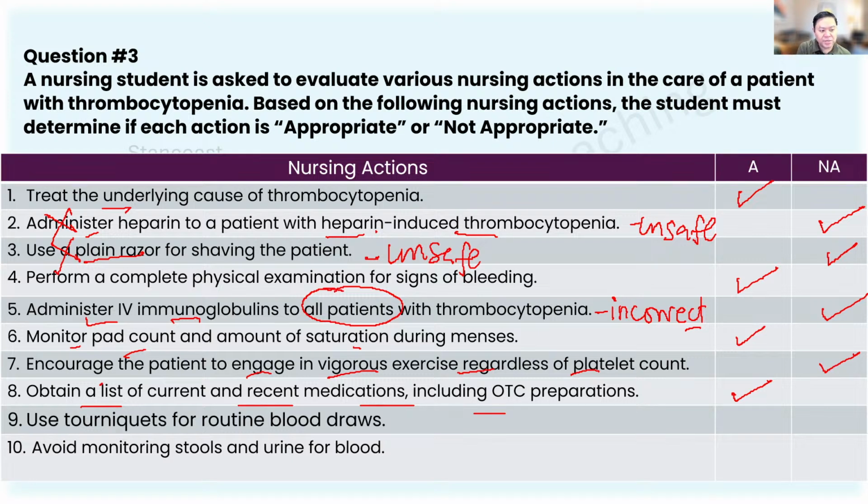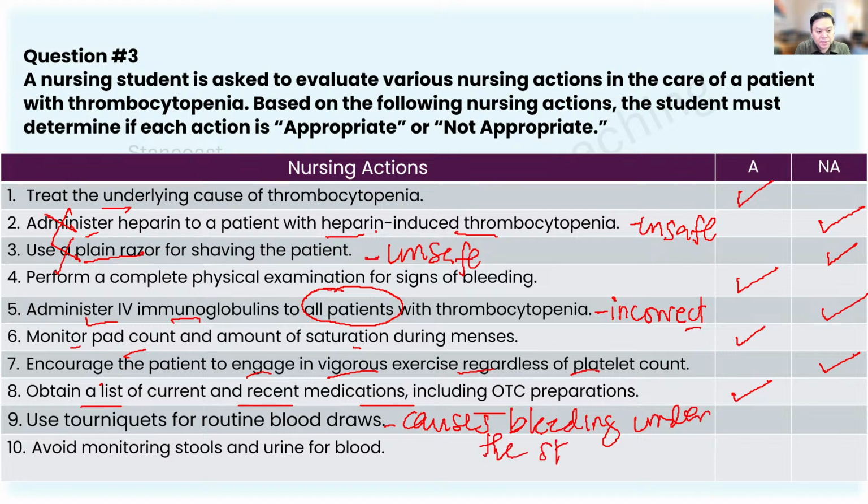Number 9, use tourniquets for routine blood draw. What do you think about that one? This is going to be not appropriate because when we are using tourniquets, when we are doing routine blood draw, this can cause further bleeding under the skin.